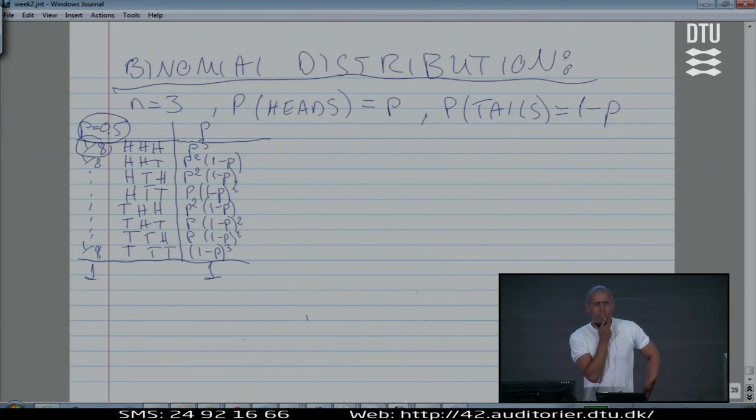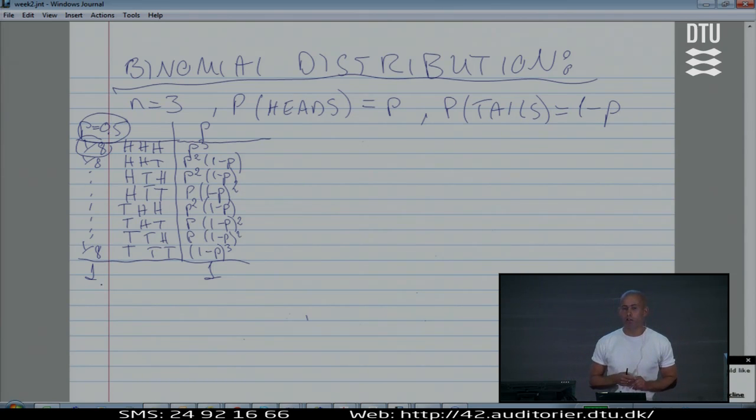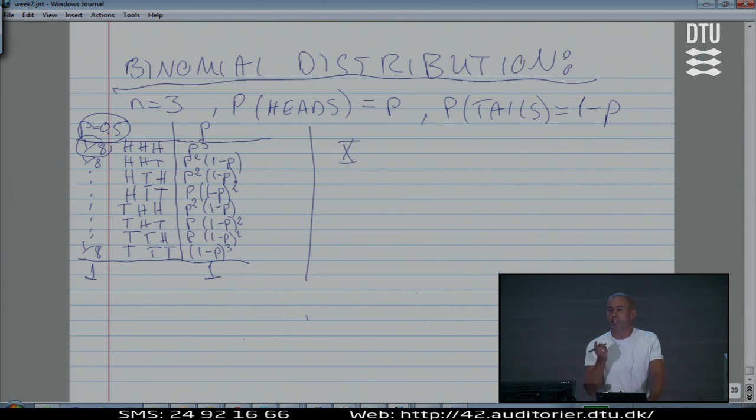Now, I didn't tell you what I was primarily interested in, to exemplify directly what we call the binomial distribution. The random variable that we're interested in follows the binomial distribution. This is the one which counts the number of heads out of the 3 choices.